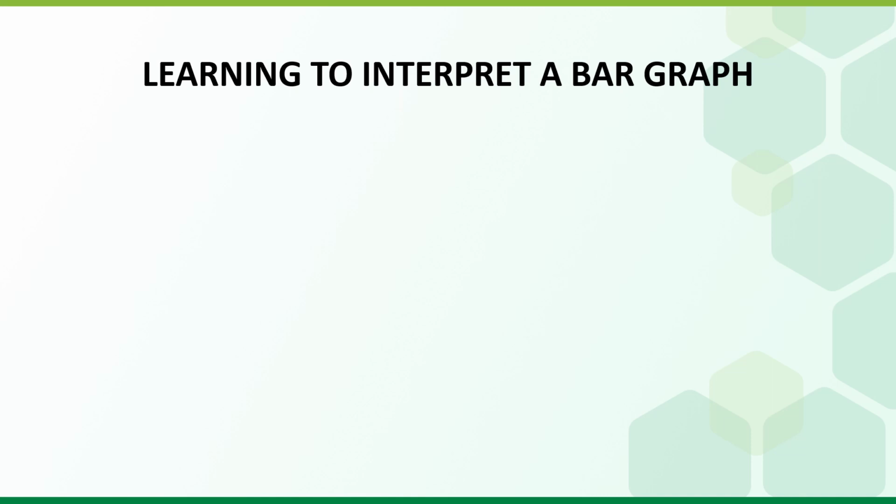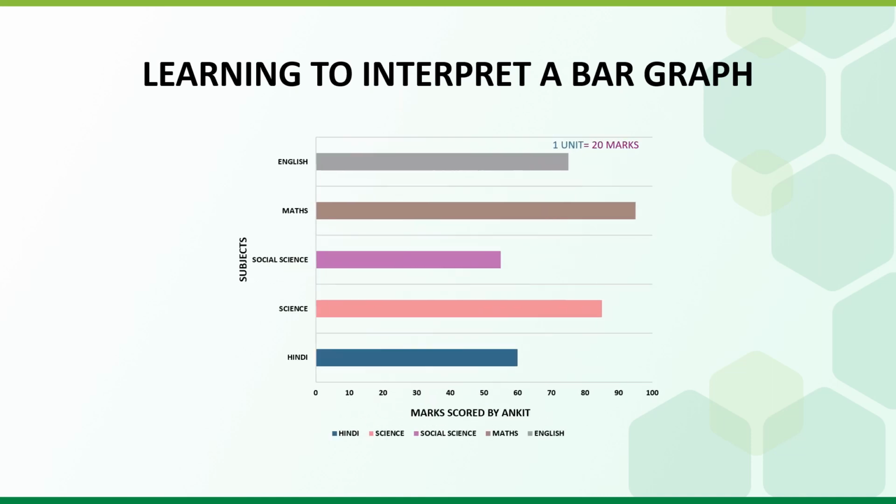Now that we know how to draw a bar graph, it's time to interpret it. The following bar graph represents the marks obtained by Ankit in the final examination in different subjects.